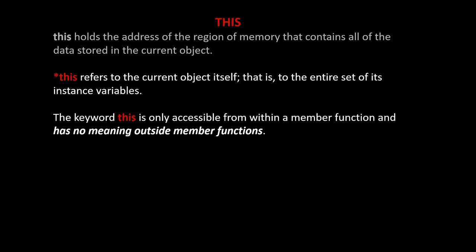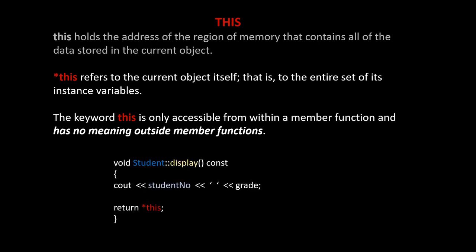If you see it outside of a member function, you should be alerted to the fact that something just isn't right. In this display function, you see an example of returning star this. It means we're talking about the current object, and that's why we're using return star this. Note the difference: we're not using this, we're using asterisk this.